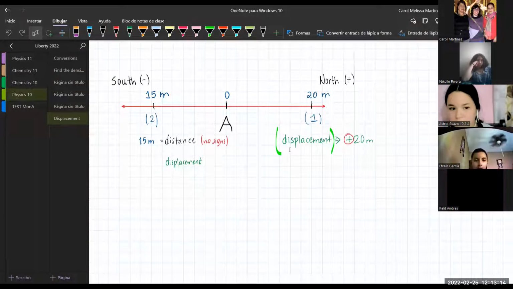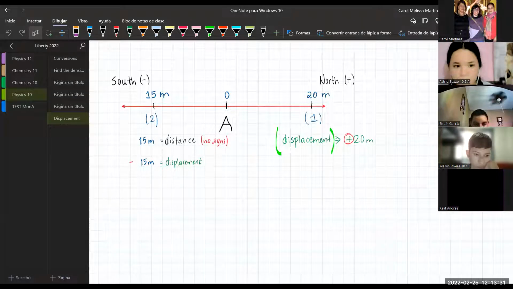So for displacement, yes, we're going to consider the sign, and we say negative 15 meters as a displacement. But the distance is going to be just 15. Displacement will be negative 15.